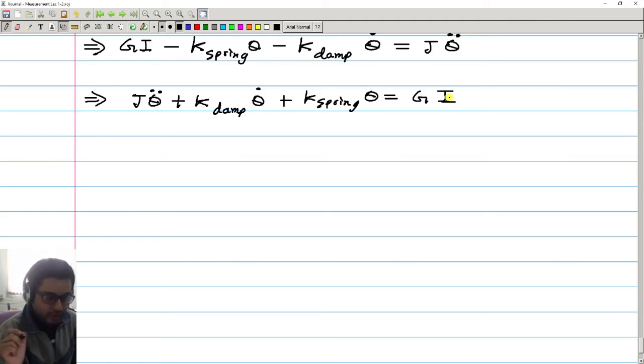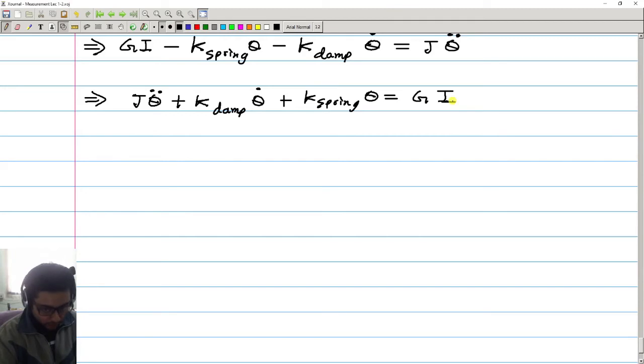Because we want to make sure that our instrument is such that our pointer does not oscillate too much, so that we cannot take the reading, or does not take too long to reach the final position, so it should be fast also. So that's why it is important to analyze such a differential equation.